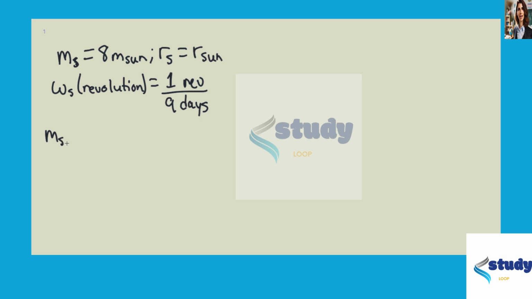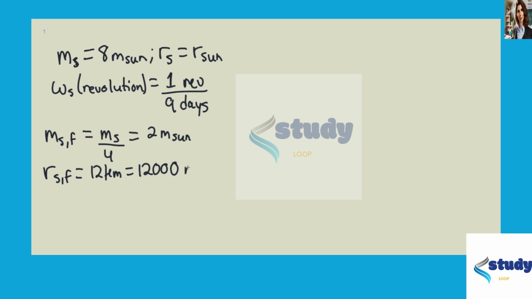The mass of the star final equals the mass of the star over 4, or simply 2 times the mass of the sun. The radius of the star final is going to equal 12 kilometers, or we should convert to 12,000 meters.